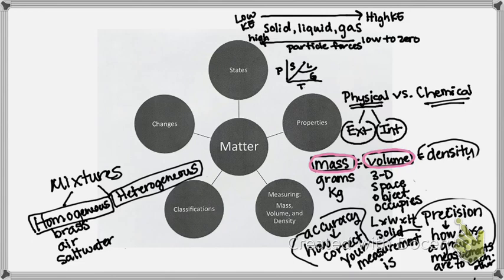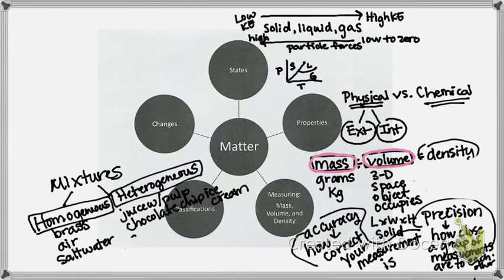Examples of heterogeneous mixtures are going to be any type of juice with pulp, Rocky Road ice cream, mint chocolate chip ice cream, cookies and cream ice cream, chocolate chip ice cream, many different types of foods, granola bars, those are going to be heterogeneous.